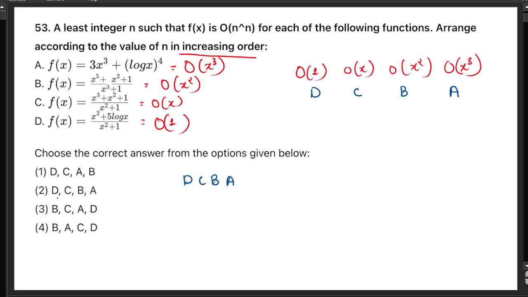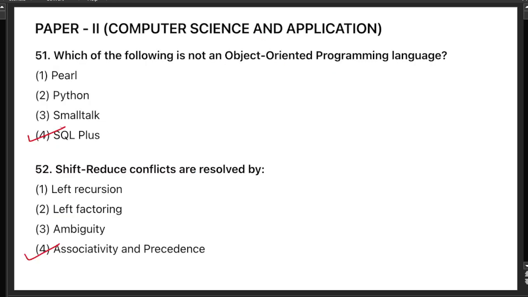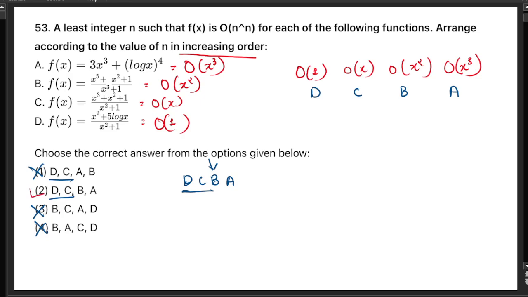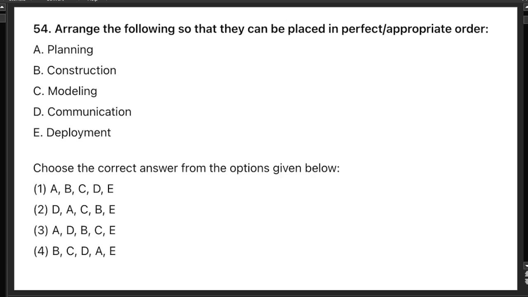Instead of solving all this, you can just eliminate whenever our option is D. So this 3 and 4 are eliminated directly. Now here we have to check D and C, and once we have calculated for B, we will get to know which is the correct one, and this is eliminated, and here we can say that yes, the second option is absolutely correct. Okay, so I hope you got the solution for this as well.